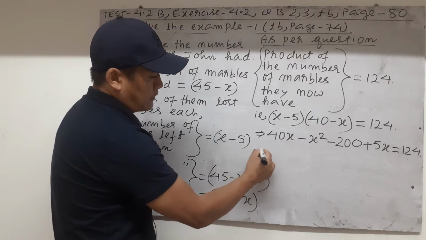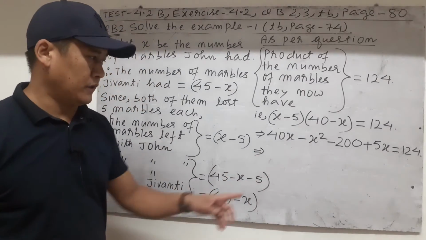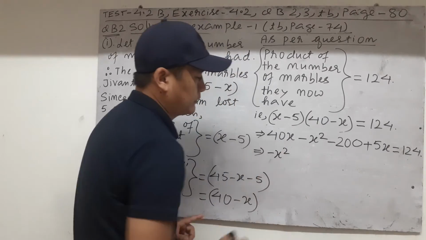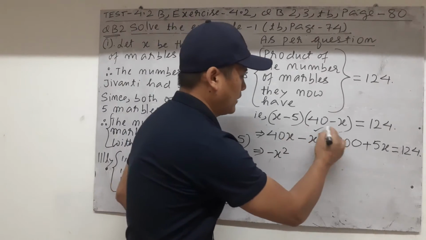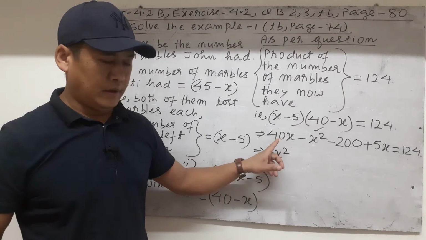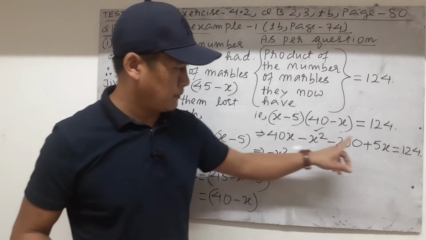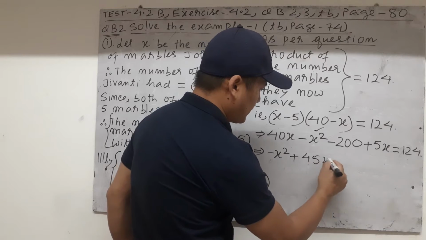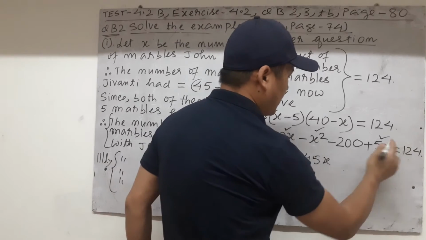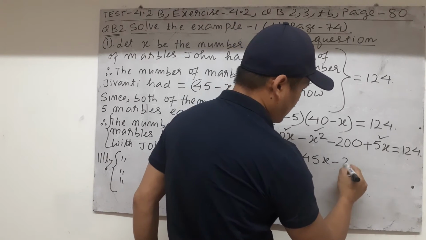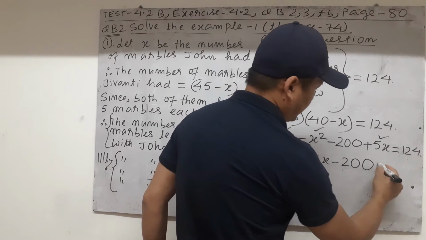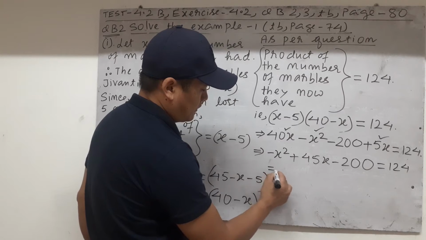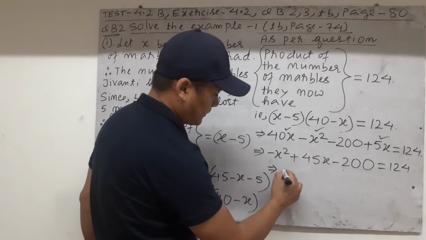Now let us arrange in descending order of x power. X squared in the first place, minus x squared. So this is done. Then the x terms: 40x plus 5x is plus 45x. So these two also done. Then here minus 200 is equal to 124. So we can continue.